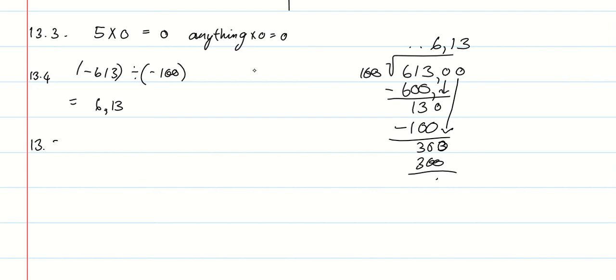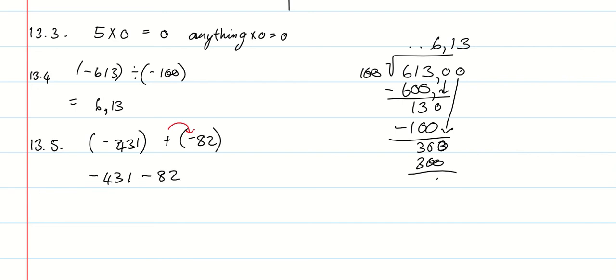Good. So question number 13.5 states negative 431 plus negative 82. Alright, now what you should remember here, it is a negative times a positive times a negative. So I'm going to rewrite that first. So that means it's going to be negative 431 plus, a positive times a negative is equal to negative 82.